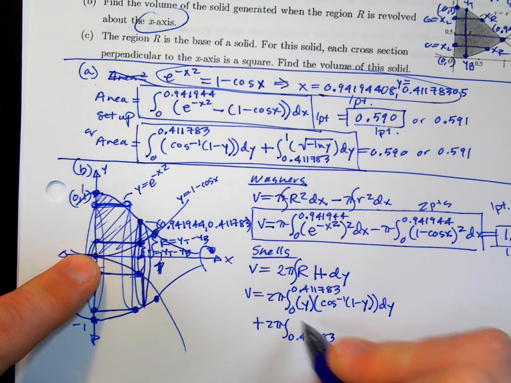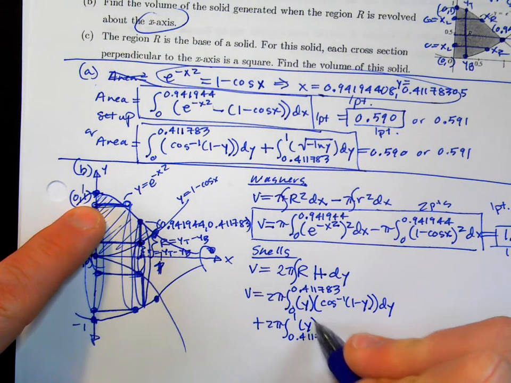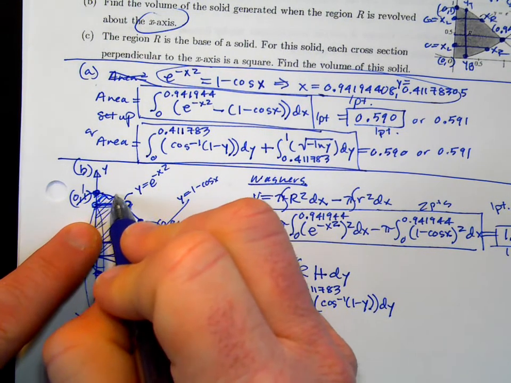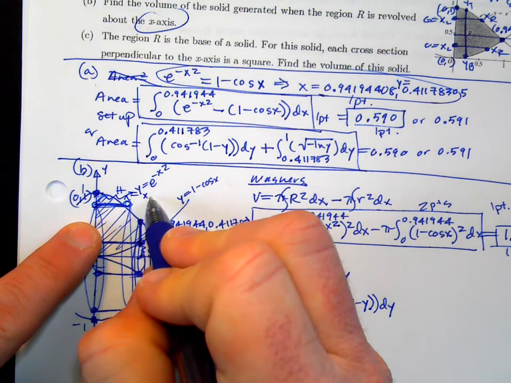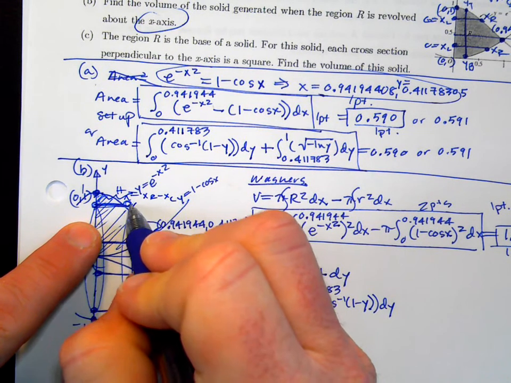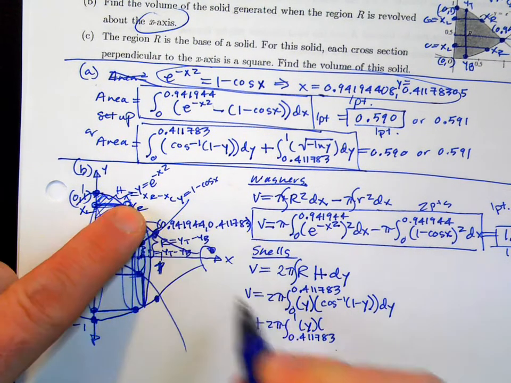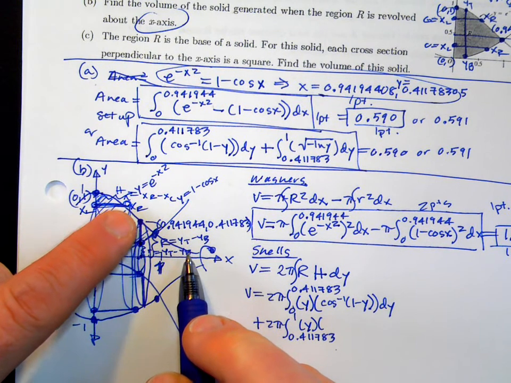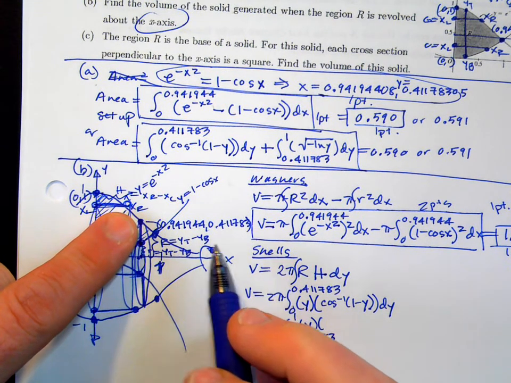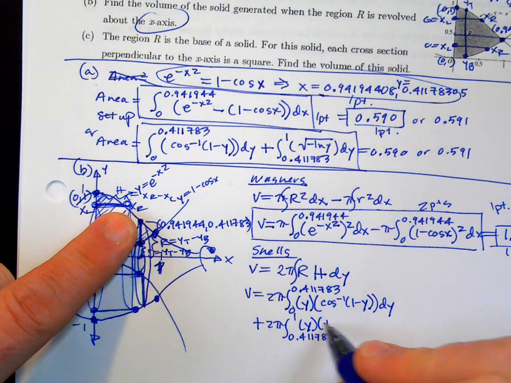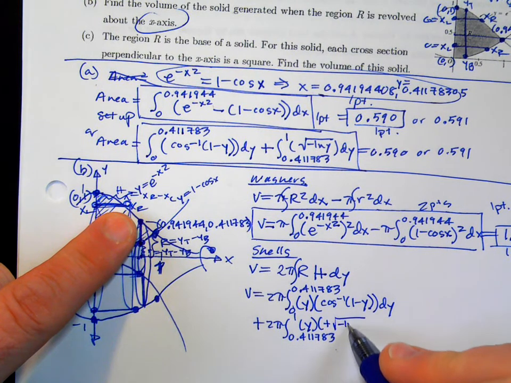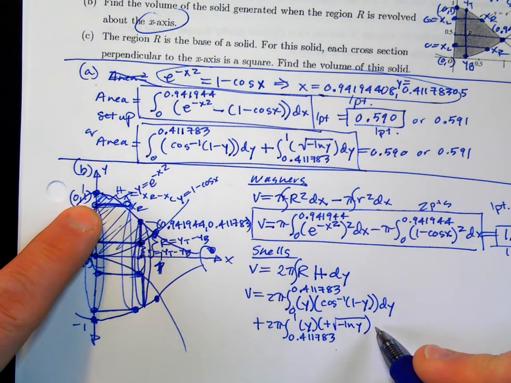0.411783 to 1. The radius is still y. The height is x right minus x left. So it's this x coordinate of the e to the x curve. And we solved that earlier. That was positive square root of negative natural log of y minus x left at 0 dy.